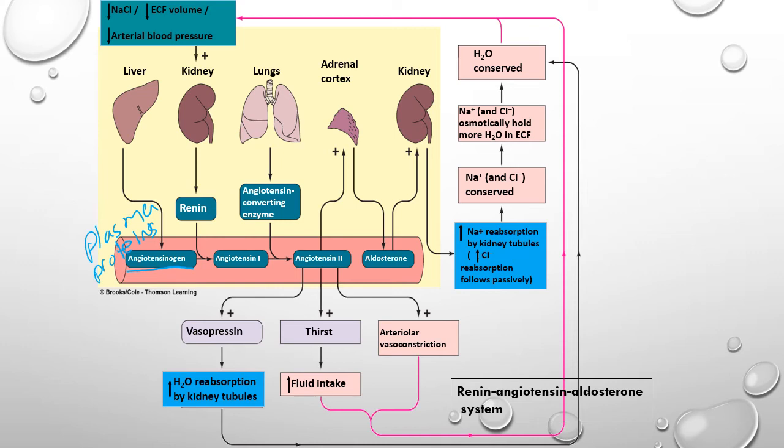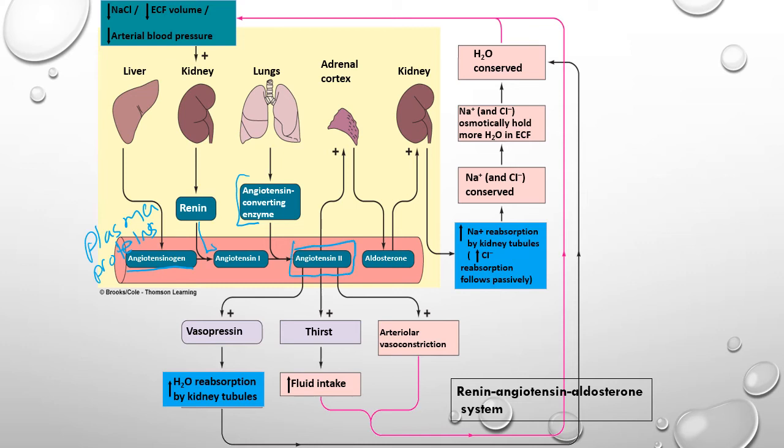When we get the release of renin from the kidneys, that's then going to combine with our angiotensinogen to give us angiotensin 1. That's going to head over to the lungs, and the lungs are going to release angiotensin converting enzyme, or ACE, and that's going to get us our active angiotensin 2.